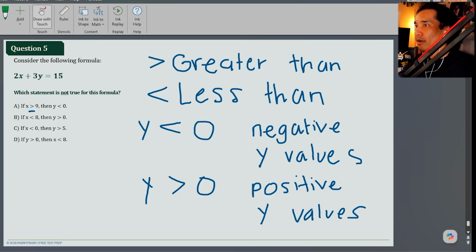And then I am just going to add a slash and put x, because this means the same thing, okay? X less than 0 makes us have negative x values, and then x greater than 0 makes us have positive x values, okay?